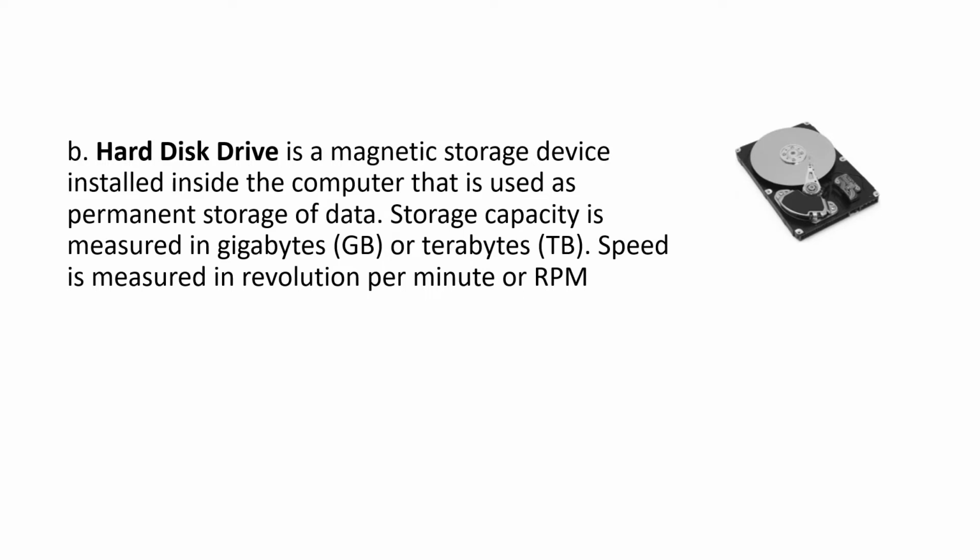It is a magnetic storage device installed inside the computer that is used as permanent storage of data. Storage capacity is measured in gigabytes or terabytes. The speed is measured in revolutions per minute, or RPM. So this hard disk is installed inside the computer.